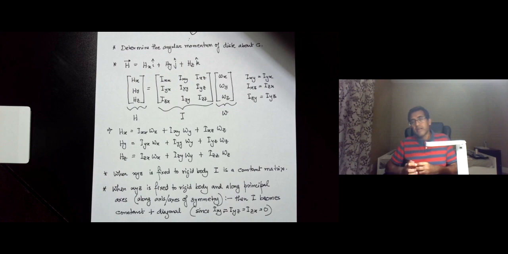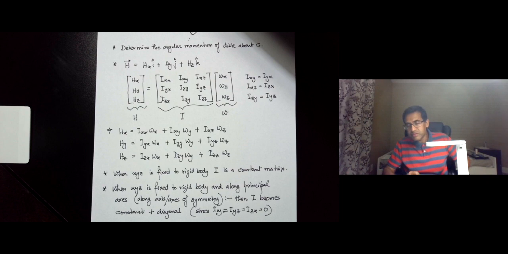Okay, and so when we solve problems on rigid body rotations, we always strive to choose our axis, when we are expressing the angular momentum, to be fixed to the rigid body along the principal axis.